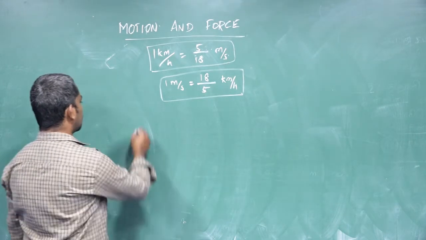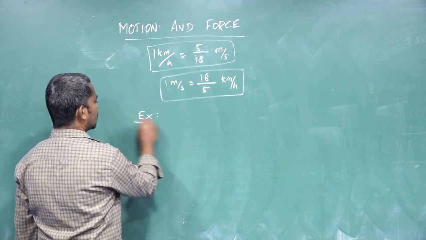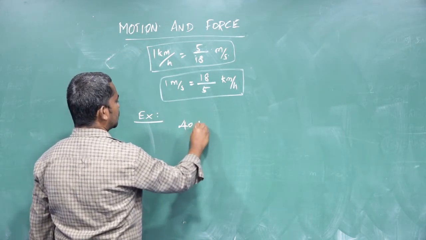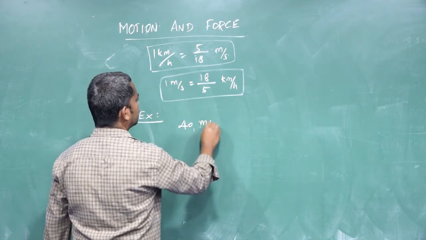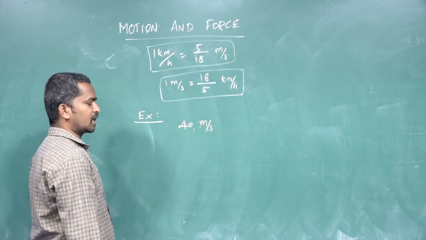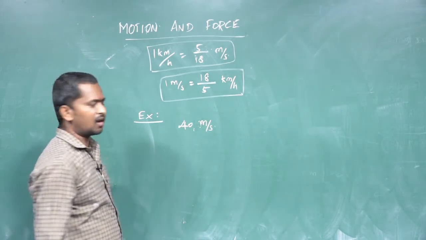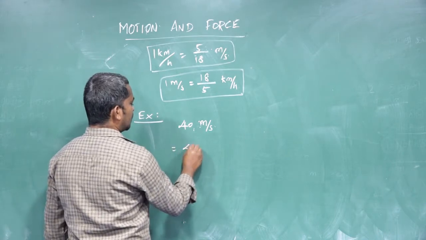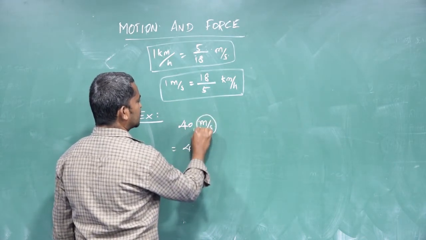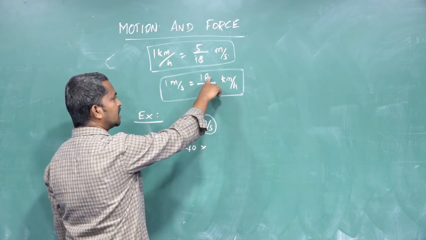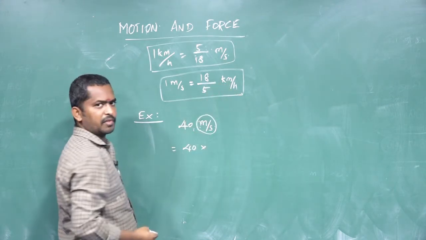Let me take one example: 40 meter per second, convert to kilometer per hour. This is 40 into 18 divided by 5 kilometer per hour.